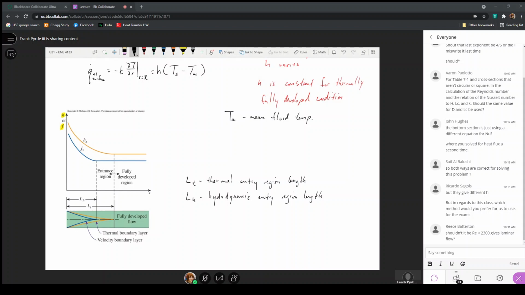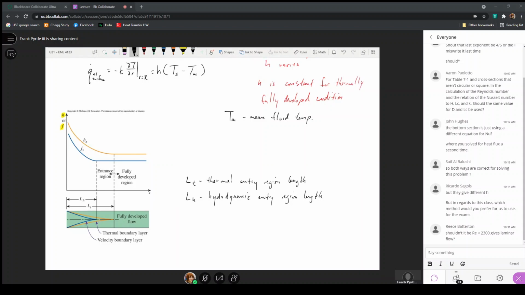So those two considerations have to be made when we are solving the thermal problem, because when we're doing a duct flow analysis, in the thermal problem, we're particularly interested in the heat transfer that's occurring.